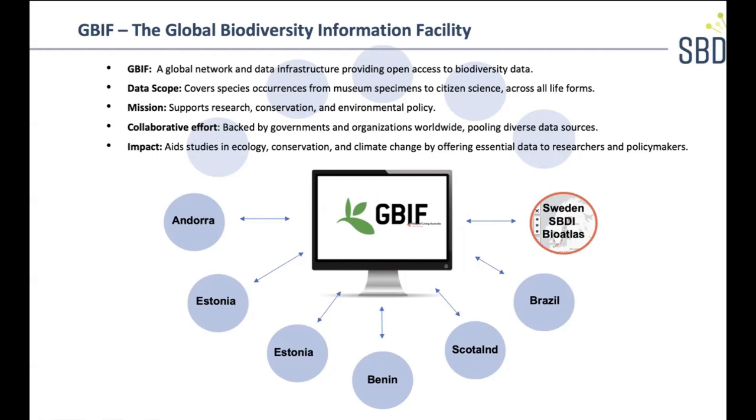So it's all gathered inside a GBIF server and platform. But the national hubs are a little bit more tailored towards the needs in the different countries. So it's a nice combination of global and national efforts here.